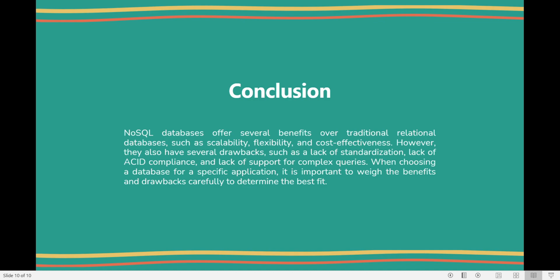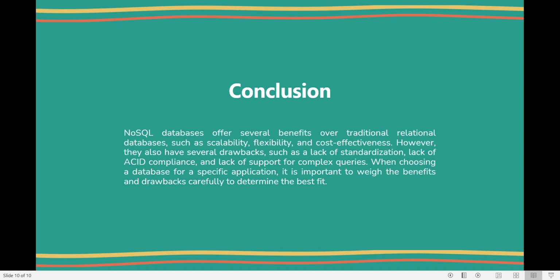In NoSQL, we cannot apply complex queries, because in relational databases we can apply complex queries, but in NoSQL we cannot. Complex queries basically means nested queries, nested and nested and nested queries, which become more complex, and NoSQL databases do not support these complex queries.